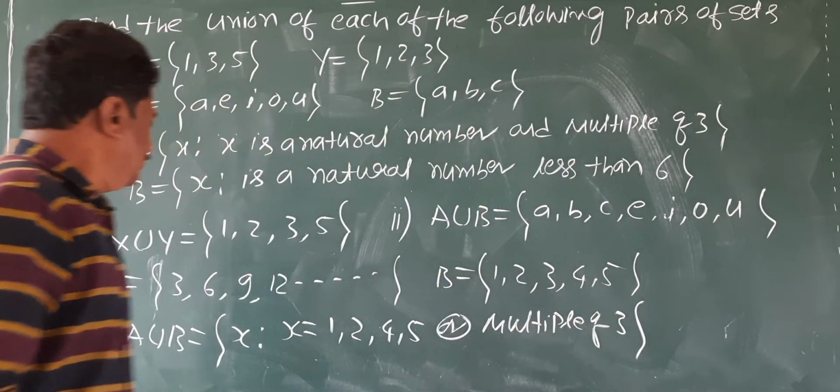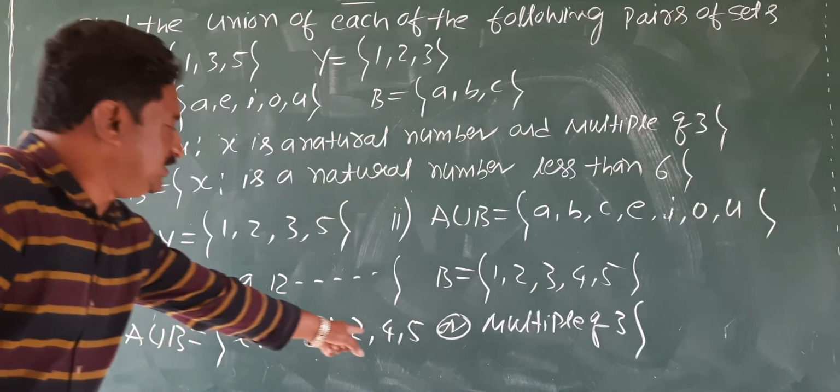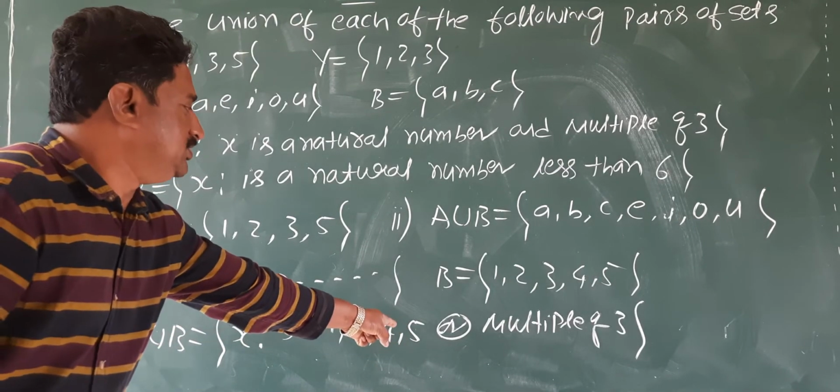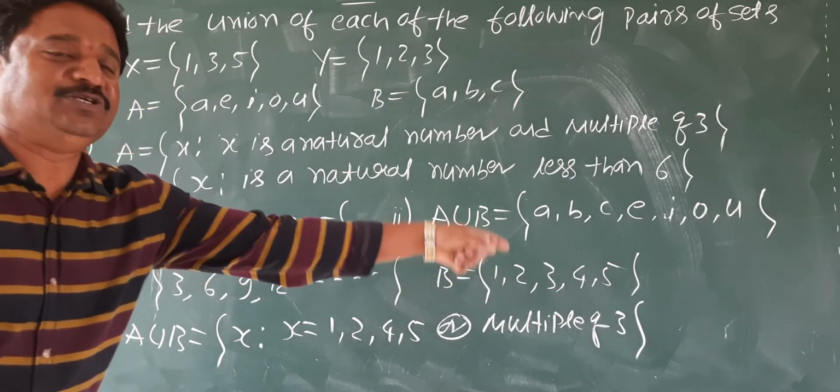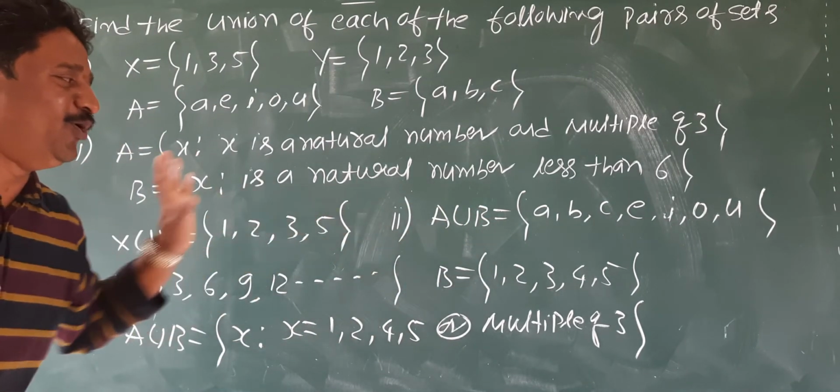The union contains 1, 2, 4, 5, and in addition multiples of 3 also. It combines both A and B.